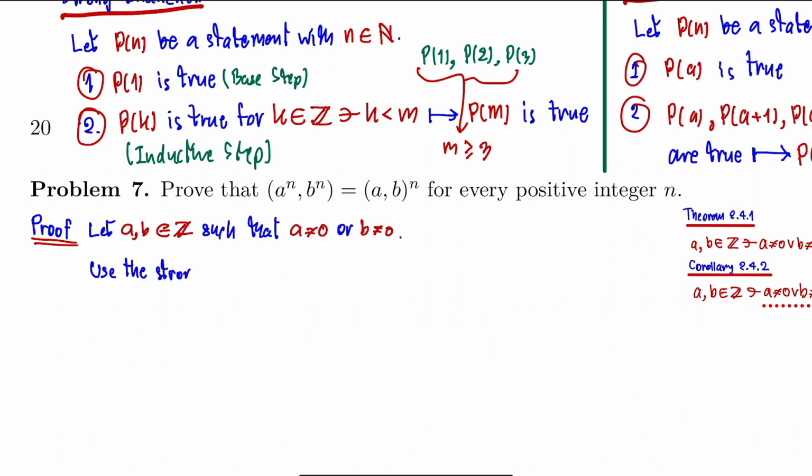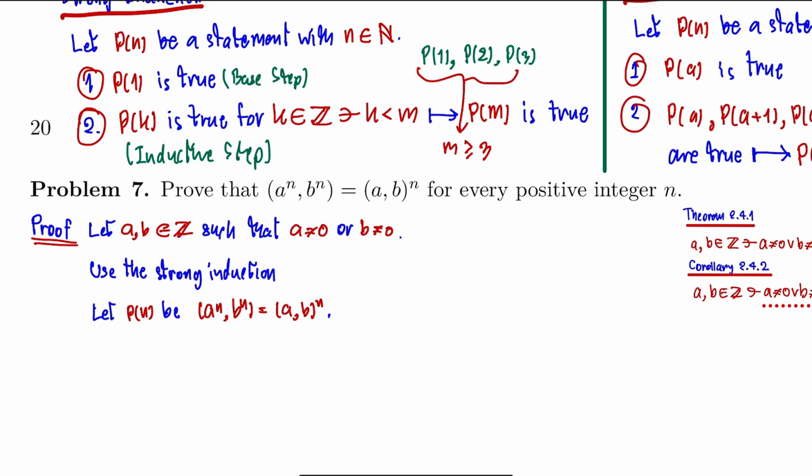Another name for strong induction is the second principle of mathematical induction. I will let P(n) be this statement: the greatest common divisor of a to the n and b to the n equals the greatest common divisor of a and b raised to the power of n.